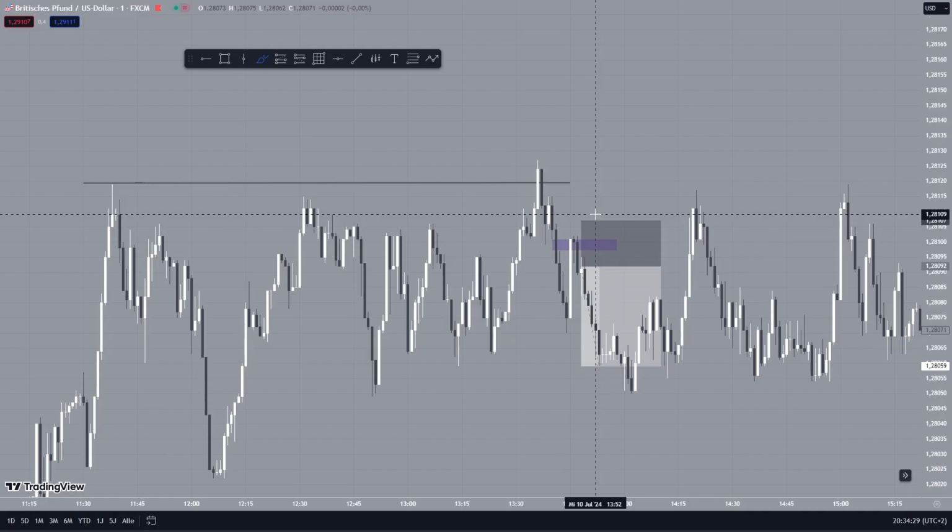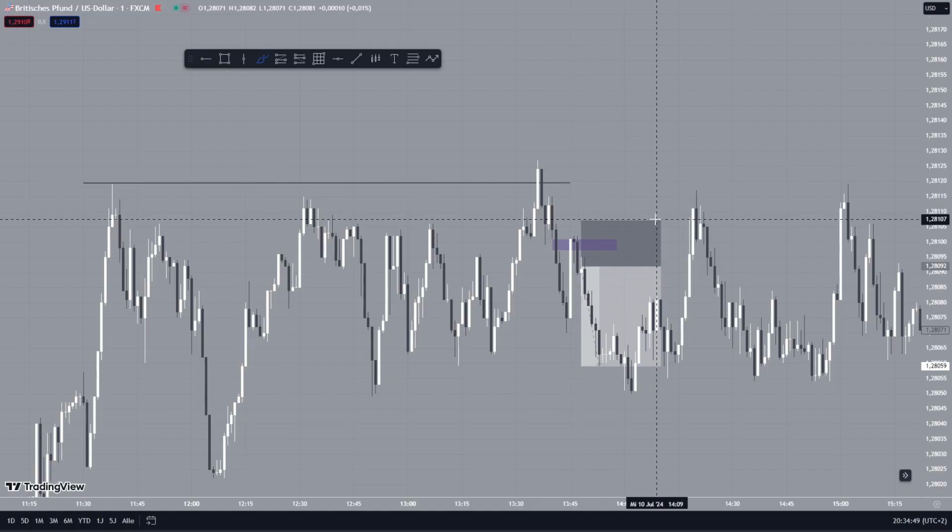That's kind of the difference. One single little adjustment of some random ICT strategy, or your favorite strategy from some social media guy, is just where you place your stop loss, where you place your take profit, and when you enter.